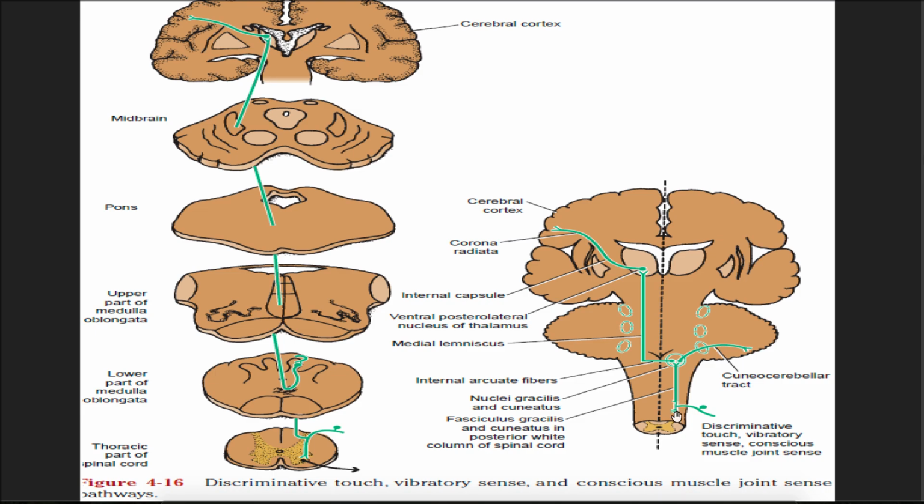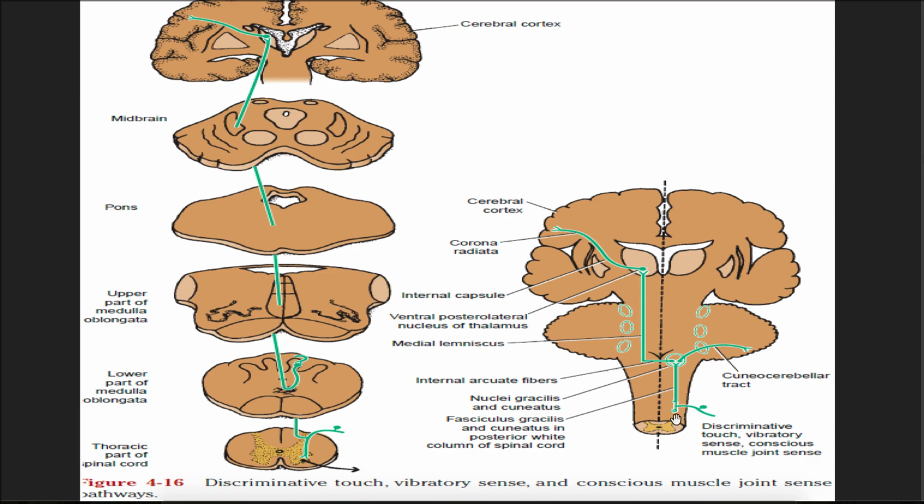So these fibers of conscious proprioception will ascend on the same side up throughout the spinal cord, and when they reach their relevant nuclei in the medulla, those that cross to the opposite side will be known as internal arcuate fibers, and then they will ascend as the medial lemniscus and go to the thalamus, internal capsule, corona radiata, sensory cortex.